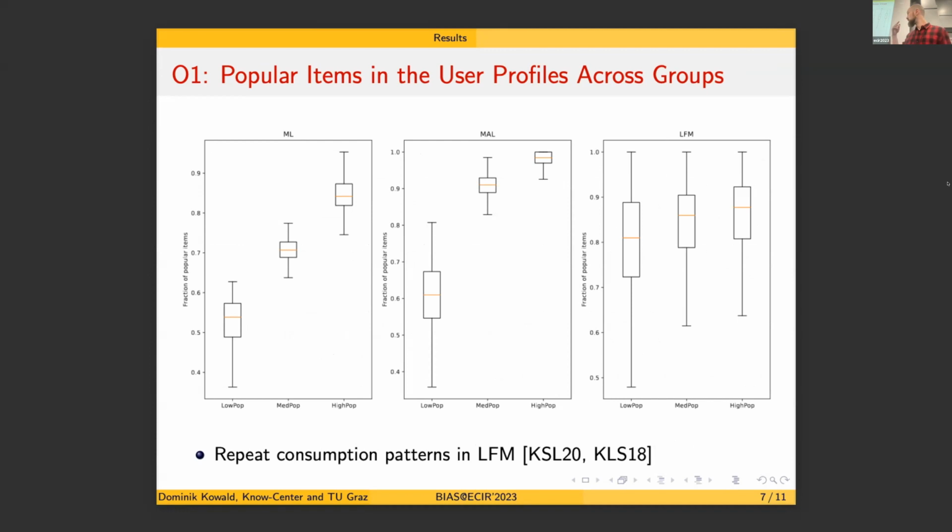But in case of Last.fm, we see that the user groups are mostly overlapping. So this means that in Last.fm, also the low popularity users sometimes listen to popular artists. So they also have popular artists in the user profiles, but they mainly listen to low popularity artists.